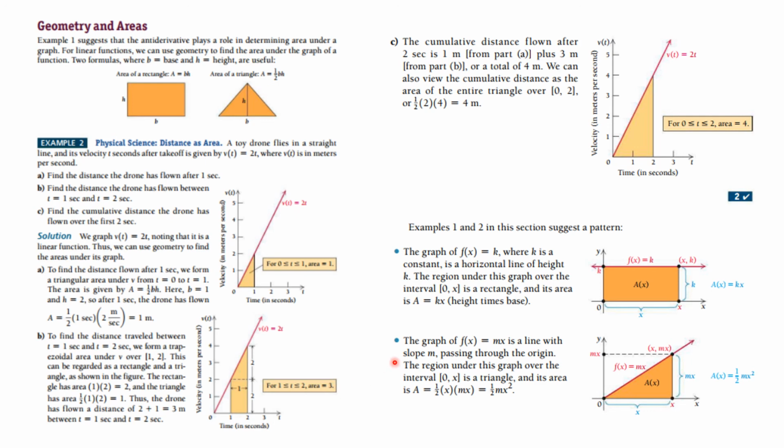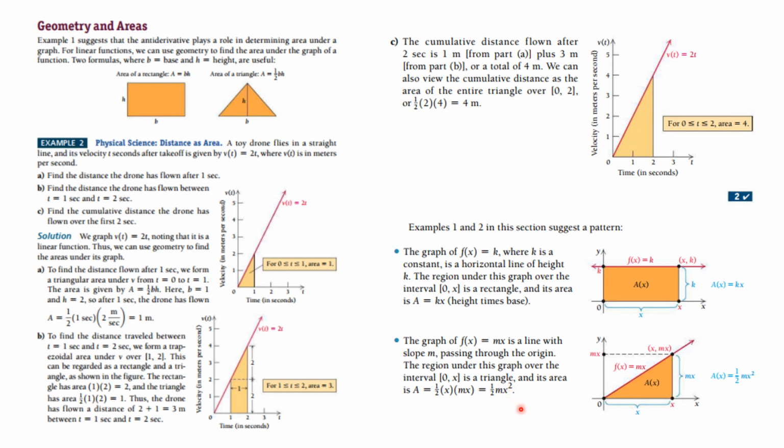And if you have the graph of y equals mx, a line through 0, 0 with slope m, then the area is 1/2 mx squared. The height is mx and the base is x, and the area is 1/2 the base times the height, so it is 1/2 mx squared.